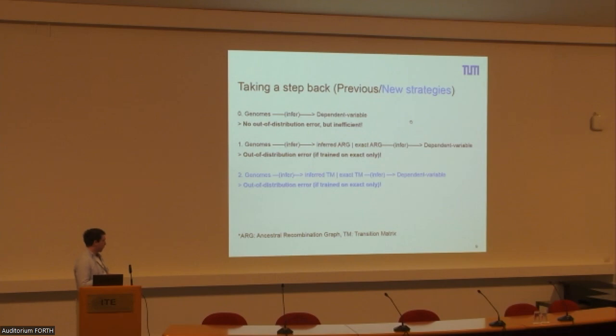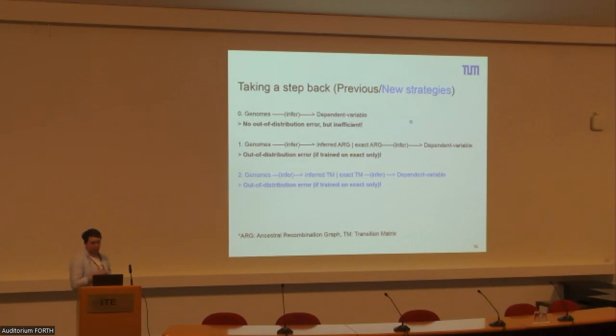And then to go to some new strategies, which use ARG representations. In this case, I'm using the transition matrix from SMC as my ARG representation. I'll explain the transition matrix in a moment, or rather how I use an approximated version of it. The strategy is really the same.